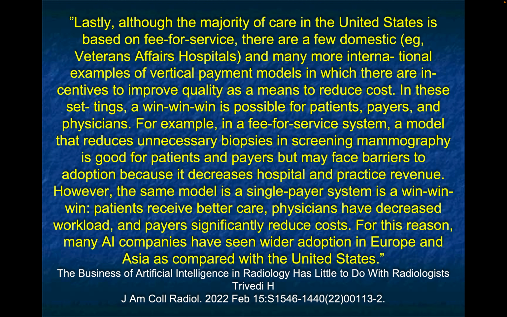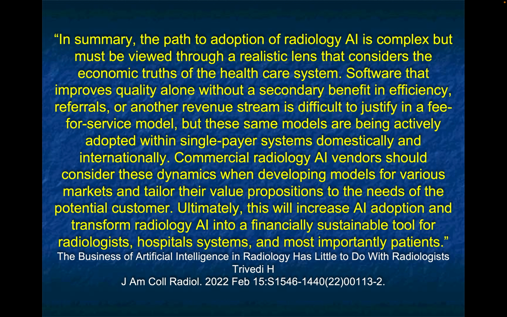There are a few domestic systems, like the VA, which have more of an integrated or vertical payment type model. So it may be different in those scenarios. And because the U.S. is different than Europe, many AI companies have seen wider adoption in Europe and Asia as compared to the U.S. So that becomes very important.